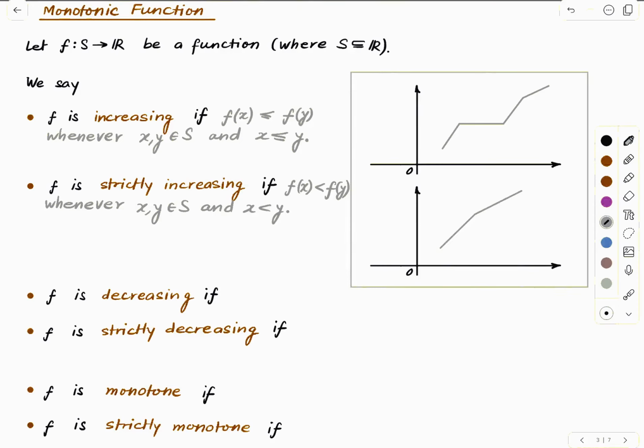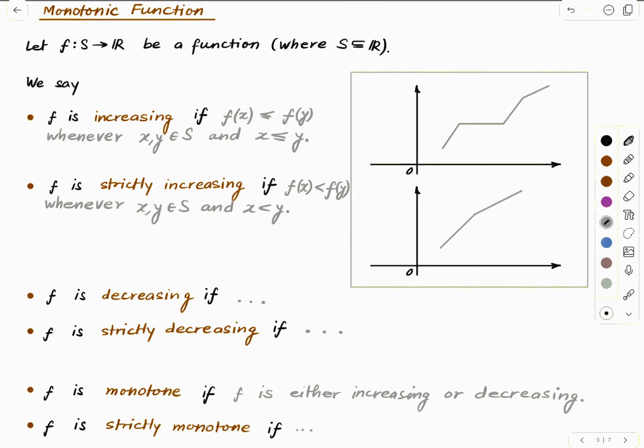Similarly, you can fill in what is meant by a decreasing function and what is meant by a strictly decreasing function. And we say that f is monotone if f is either increasing or decreasing. And you can fill in the definition for strictly monotone, which is to say that the function is either strictly increasing or strictly decreasing. Okay.